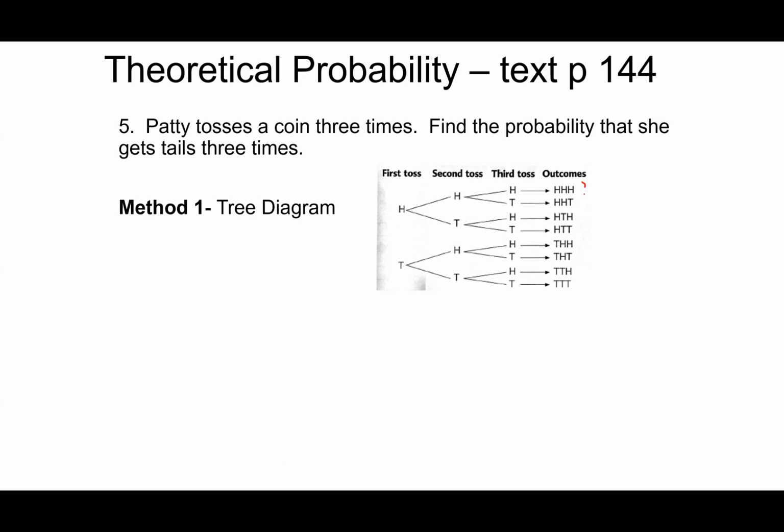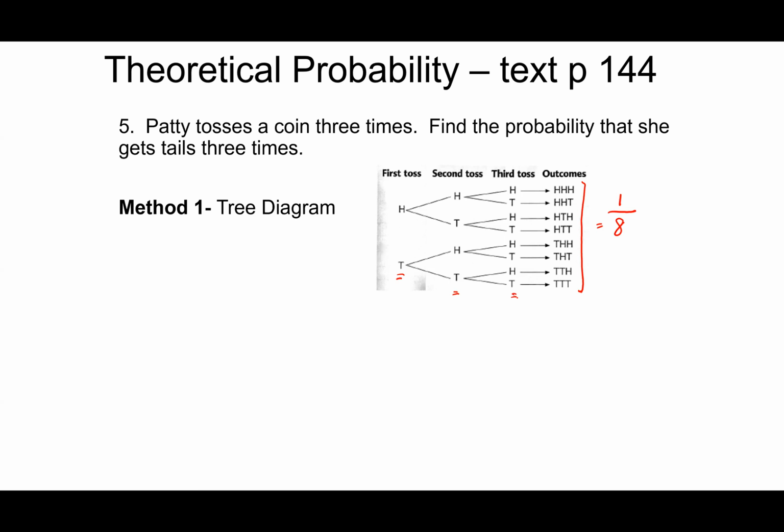Well, no, we're looking at the outcomes right here. How many are those? Okay, equals 8. Out of those outcomes, how many times does she get tails 3 times, Austin? Once, exactly. All right, so our probability is 1/8. We're looking at this. Gosh, now we have 3 events. That's kind of a lot, isn't it?